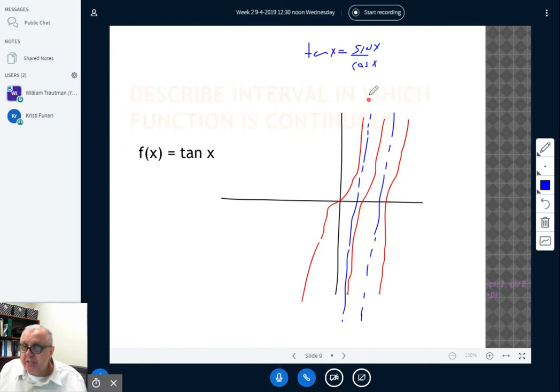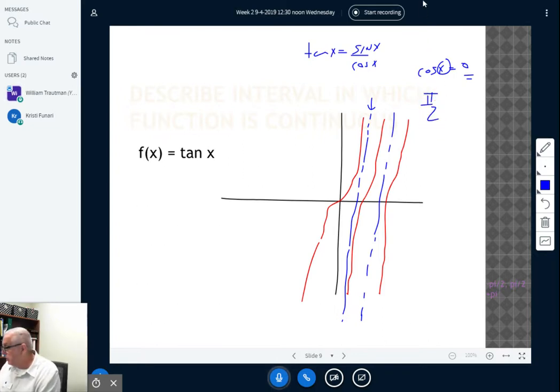So we have asymptotes where our function becomes undefined when cosine x equals 0. So at what cosine does it equal 0? And that would be pi over 2. If you go to your unit circle, you look at the cosine. I think I have the unit circle with me.